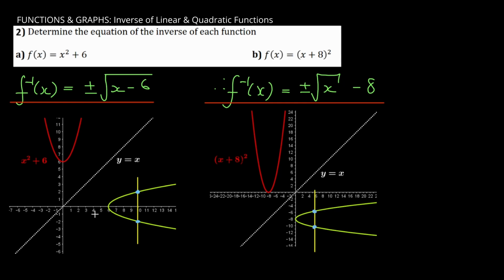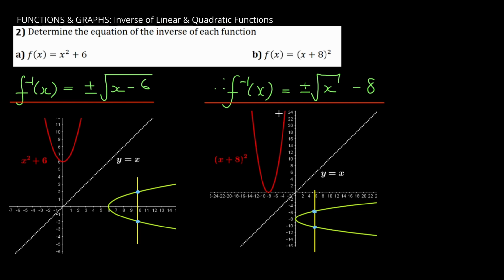And the strict definition of a function is that we cannot have 2 vertical values. This is a function because as I go along from left to right, I only have 1 vertical value for different values of x. So f of x is a function, but f to the minus 1 of x is not a function.